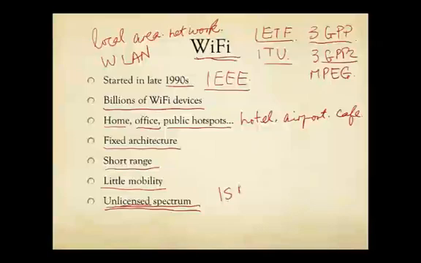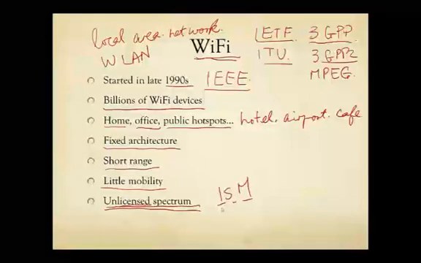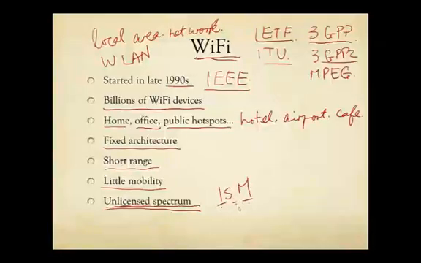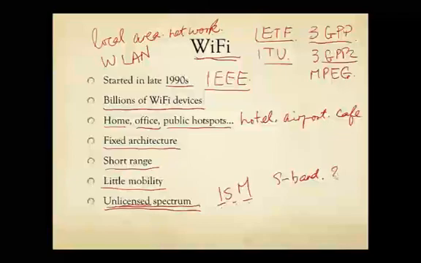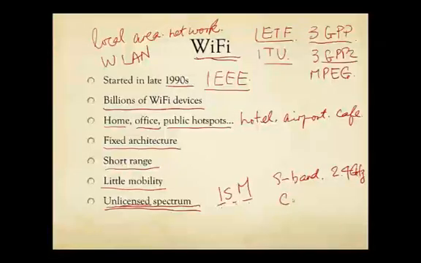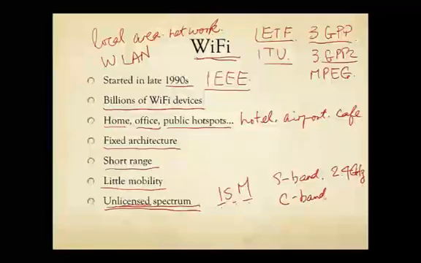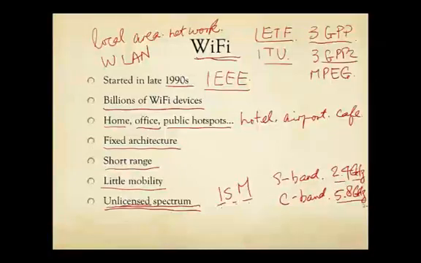One is the so-called ISM band, industrial, science, and medical frequency. And there's one in the so-called S band, and that is around 2.4 gigahertz, and the other in the so-called C band around 5.8 gigahertz. All these are unlicensed, meaning that you do not have to pay the government or anybody any money. You can just go ahead and use it.